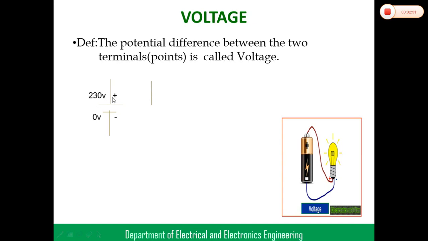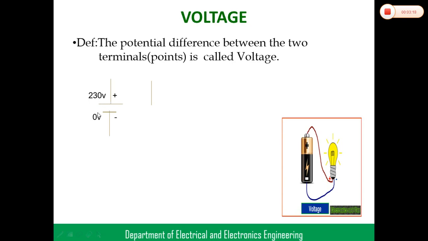Here I mentioned some positive and negative. Let us say this is a voltage source. The potential of positive is 230 volts and the potential of negative is 0 volts. So the potential difference is nothing but the potential of positive minus negative, that is 230 minus 0, equal to 230 volts. The potential difference between these 2 terminals is 230 volts.